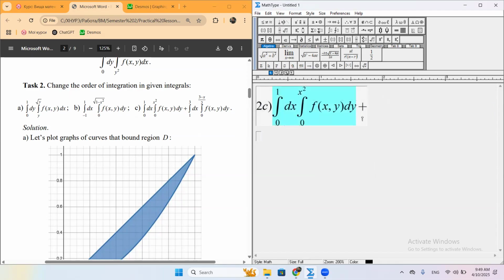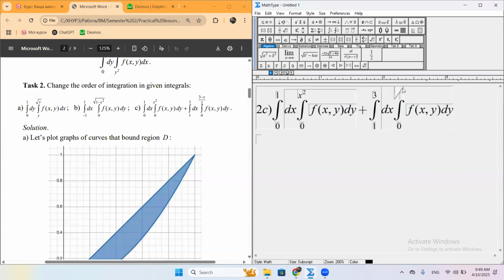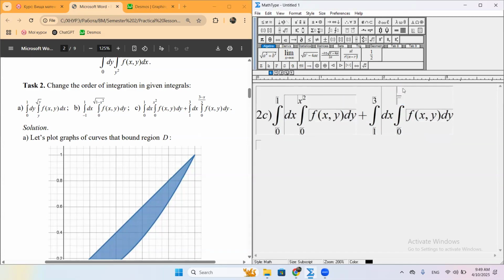The second integral is from 1 to 3 by x, and for y, from 0 to (3 minus x) over 2.